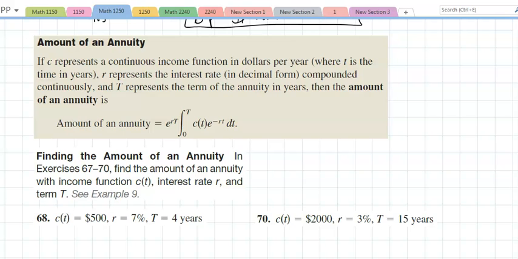It says, if C represents a continuous income function in dollars per year, where T is the number of years. This T is the number of years. C represents the continuous income. I'll tell you what that means in a minute. R represents the interest rate. That's normally in decimal.